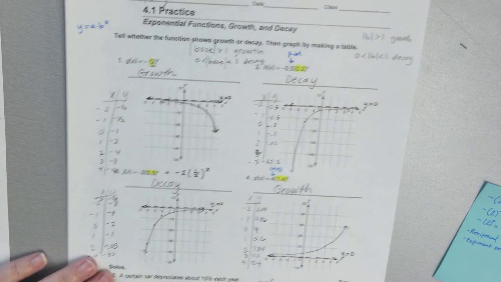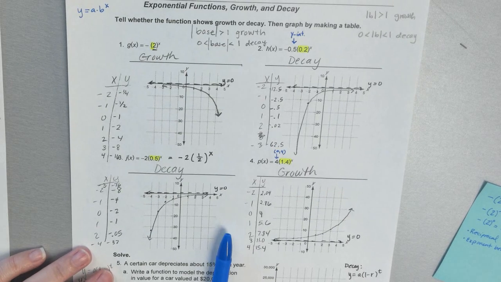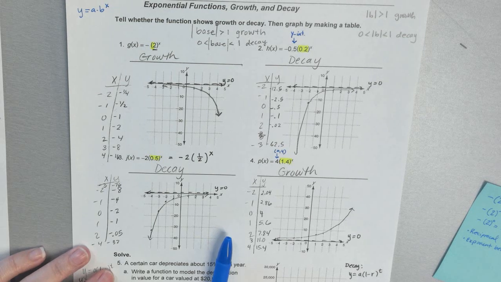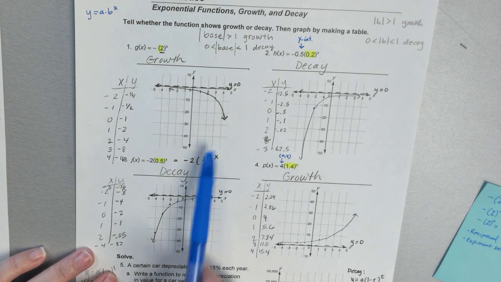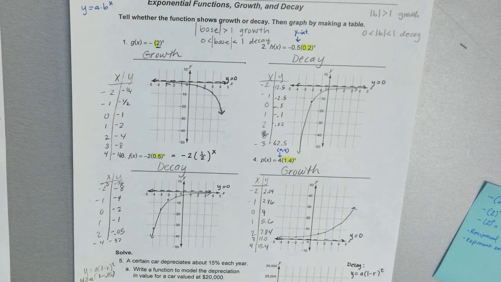What questions do you have for me on 1 through 4 here? Got the asymptote, got the mental math, got that down? For every exponential function, every single one is always going to approach what? y equals 0.